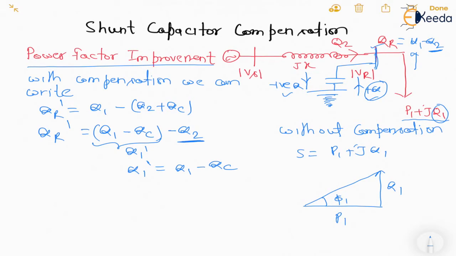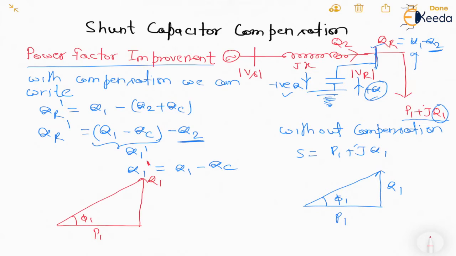So now we are going to see this in the power triangle diagram. Let us assume we have this P1 and we have this Q1, and without compensation our angle was phi 1. So now the value of total load has been changed from Q1 to Q1 dash, meaning Q1 to Q1 minus QC.